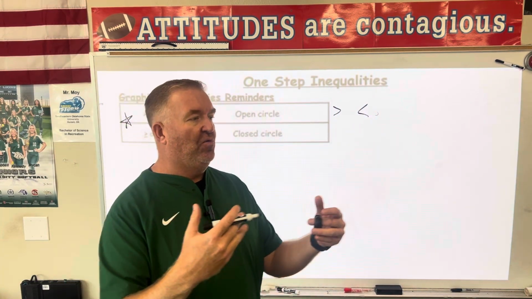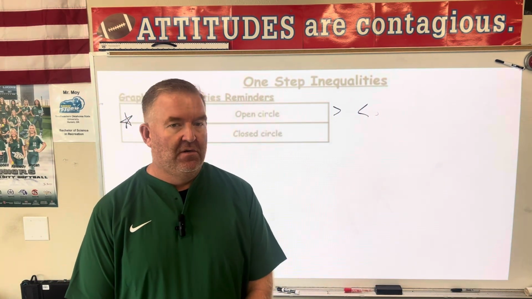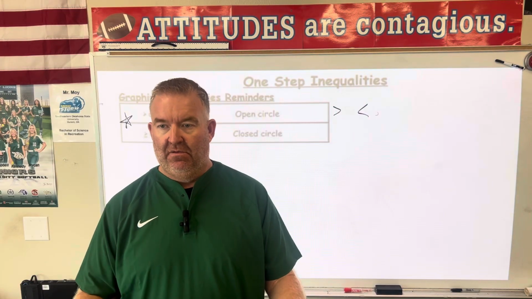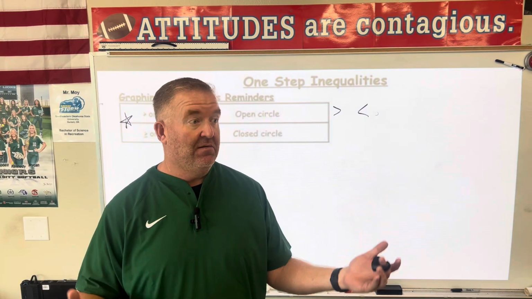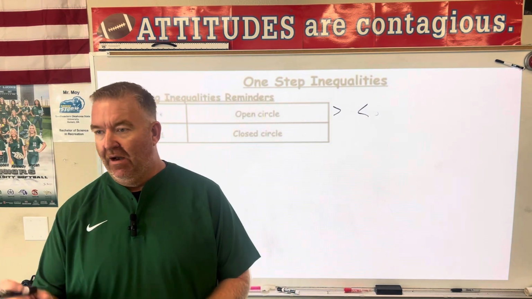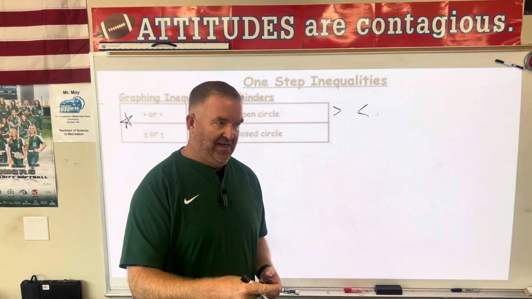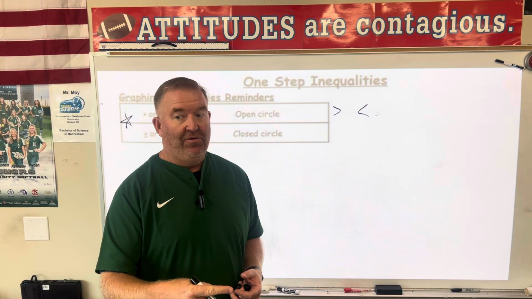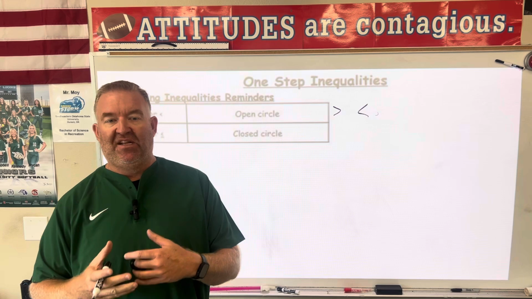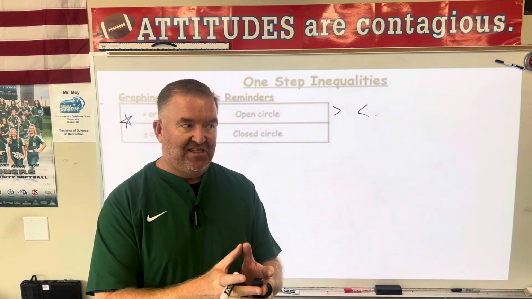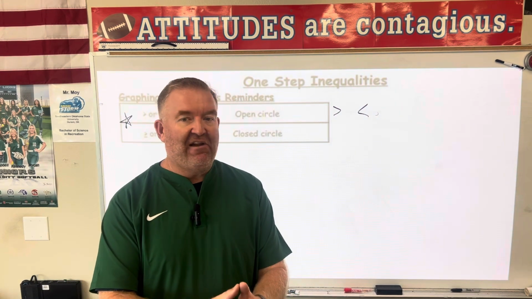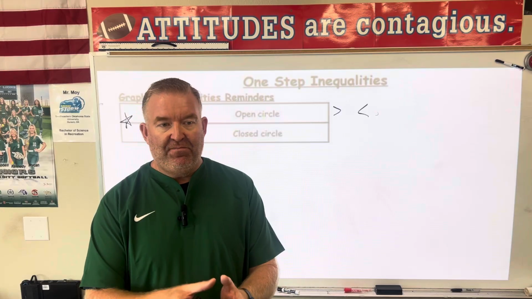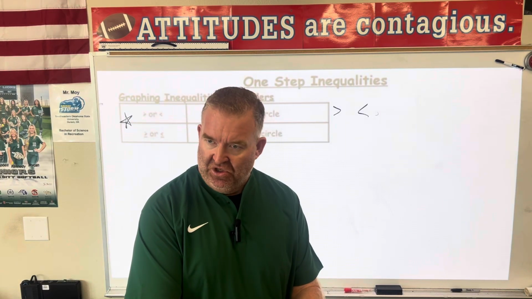Give me numbers that are greater than 5. 6, 7, 8, any million. Hold on. What number did you not say? If I tell you to give me a number that's greater than 5, what number did you not say? 5. You did not say 5 because 5 would be equal to it.